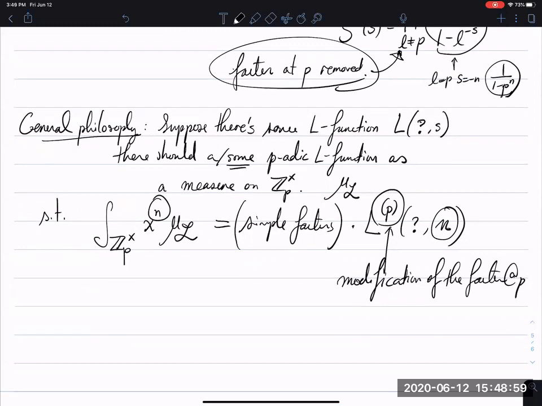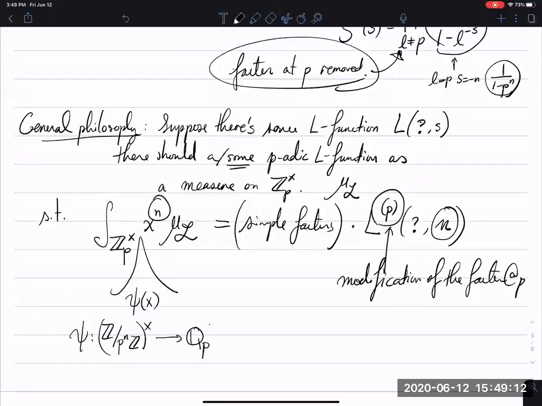And even better, you can also insert here a character of (Z/p^n Z) cross with values in Q_p bar, the algebraic closure of Q_p.